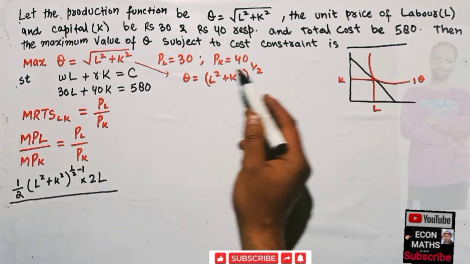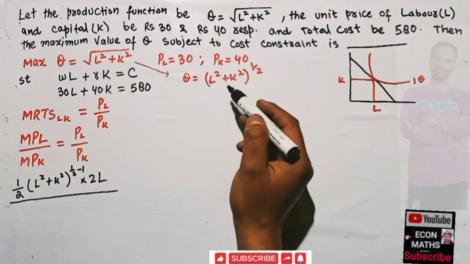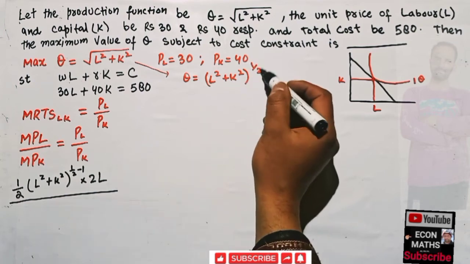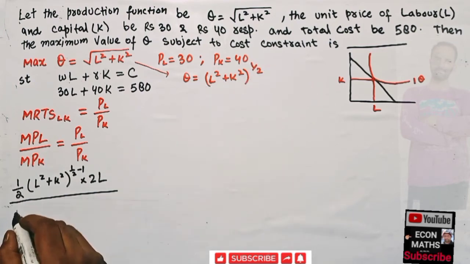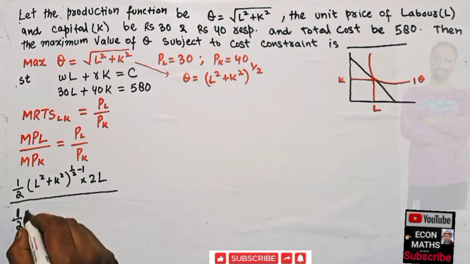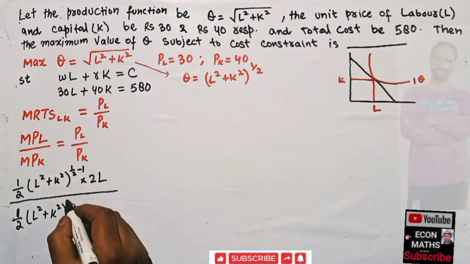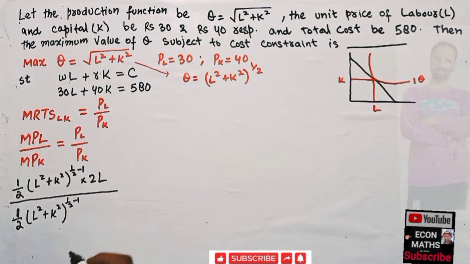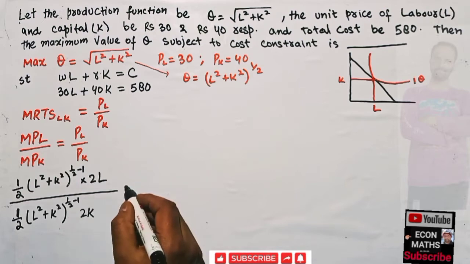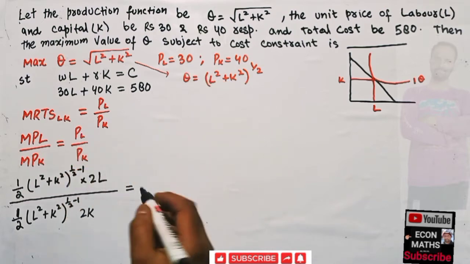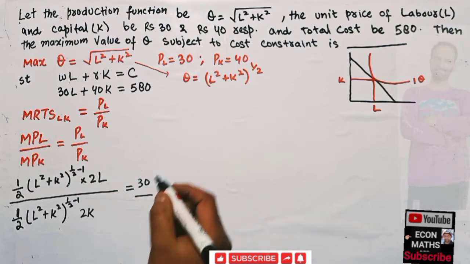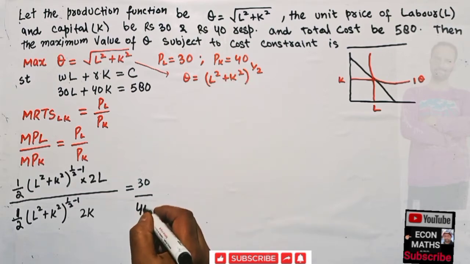Partially differentiating the production function with respect to capital this time, the same way, the power becomes the coefficient, so we have 1/2 (L² + K²) with the exponent subtracted by 1, and internally differentiating K², the derivative is 2K. This should be equal to the price of labor 30 upon the price of capital 40.